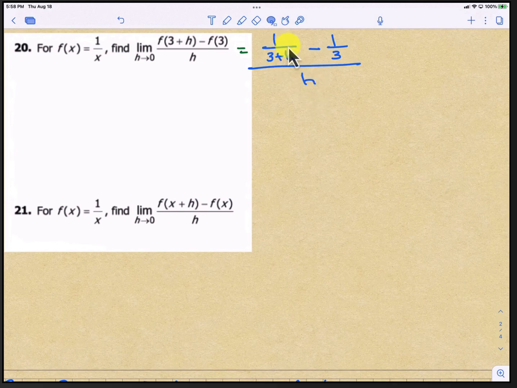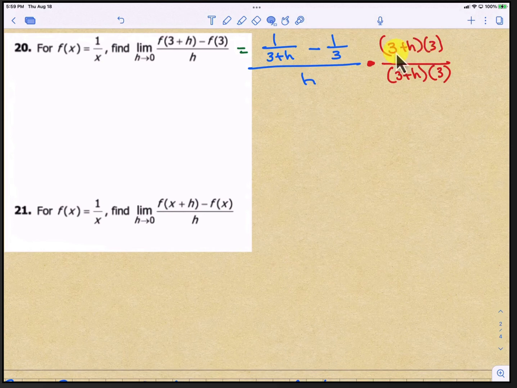And now, when you've got this complex fraction, we need to find the common denominator of these two fractions on the top. So we have 3 plus h, and we also have a 3. The common denominator is going to be 3 plus h times 3.